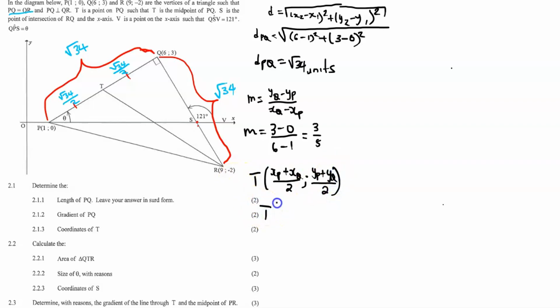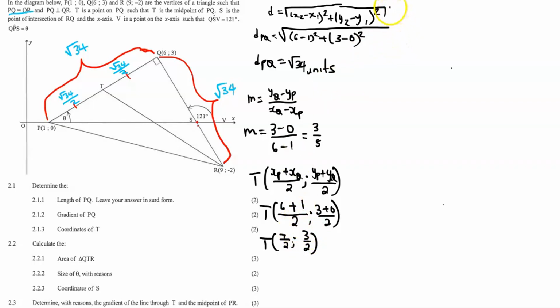So we can now calculate the coordinates of T, which will be 6 plus 1 over 2 and 3 plus 0 over 2. And that gives us the coordinates of T as 7 over 2 and 3 over 2, and that is the coordinates of T.